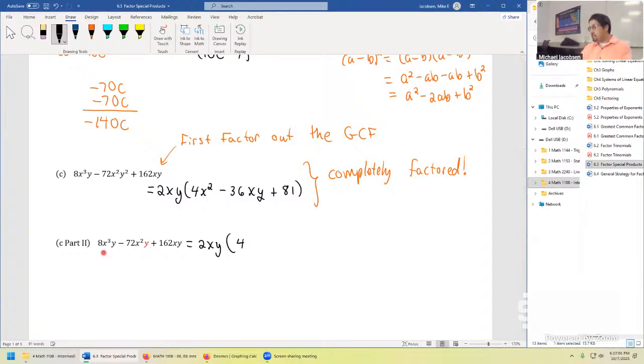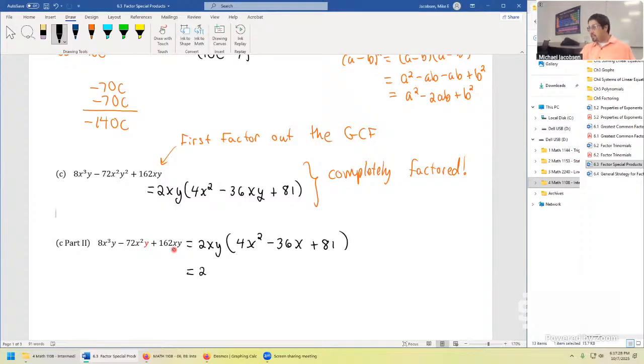Here, that's going to leave us a 4x squared. Now, this is the change I made in red. Factoring out the xy on this one is going to leave us a negative 36. But just an x on this one, making the problem now suddenly doable. Factoring out 2xy here means just dividing by 2xy, leaving us a plus 81.